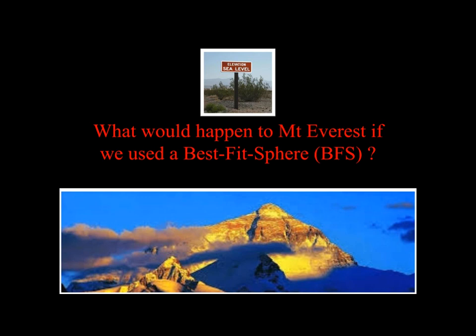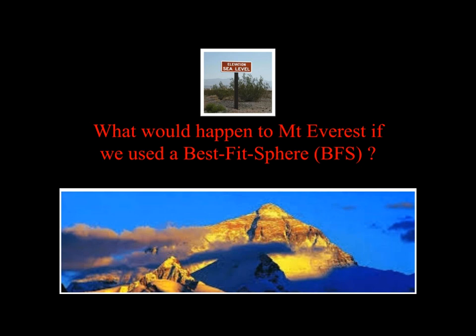Well, if we actually did a best fit sphere as opposed to sea level, Mount Everest would go lower, because the best fit sphere would now average not only seas, but it would average in all the lands and all the mountains. So you would have a higher reference surface, and Mount Everest would actually appear lower. It would be accurate, but it would be harder to pick out the mountains.